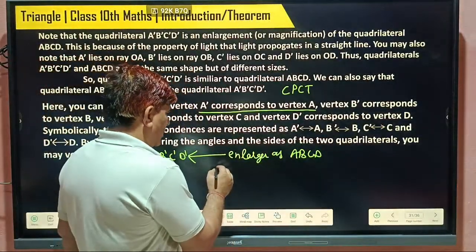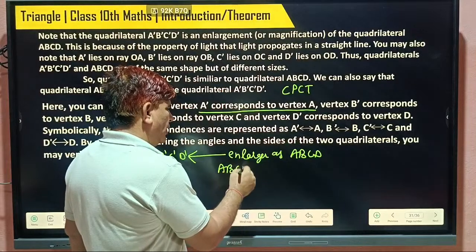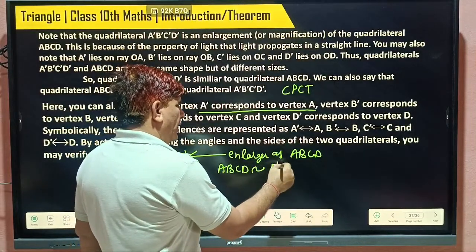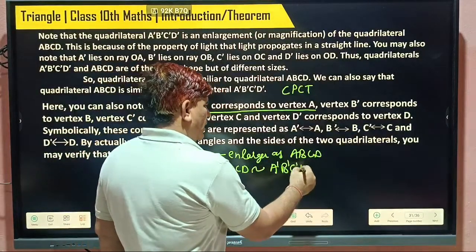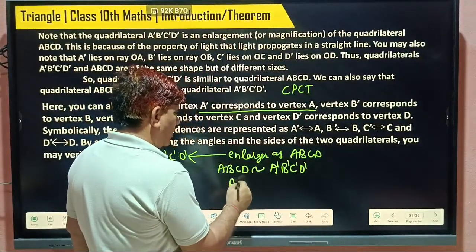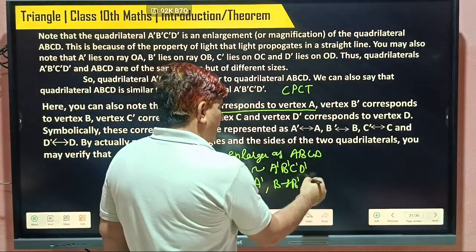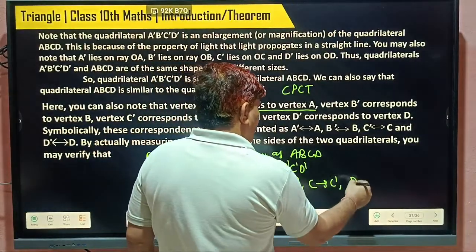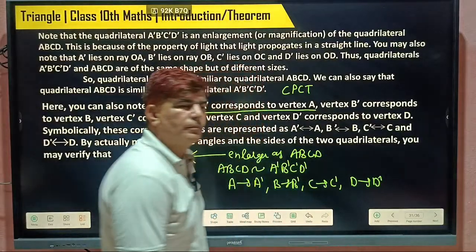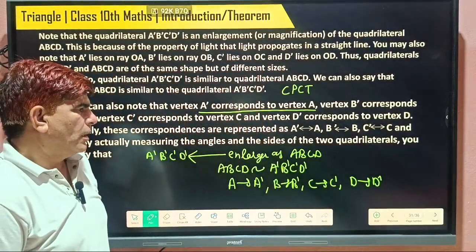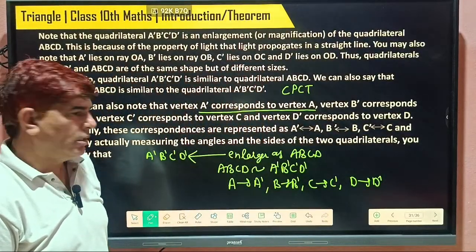We can say like this: figure ABCD is similar to A dash B dash C dash D dash. It means A corresponds to A dash, B corresponds to B dash, C corresponds to C dash, D corresponds to D dash. Understood or not?